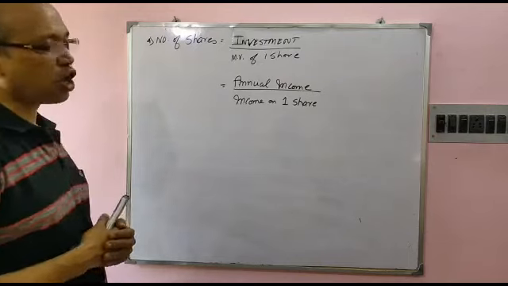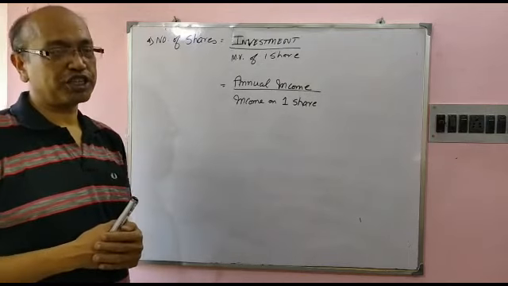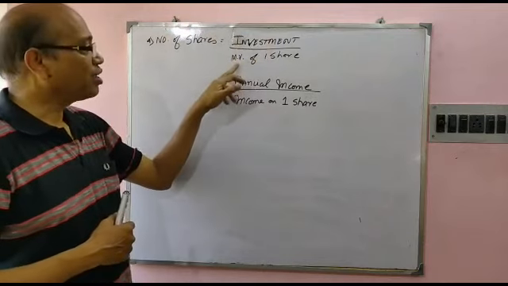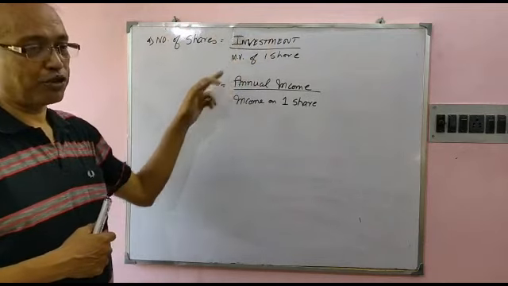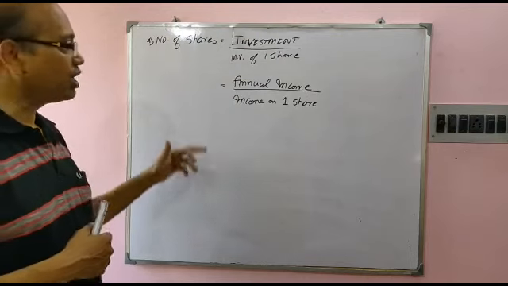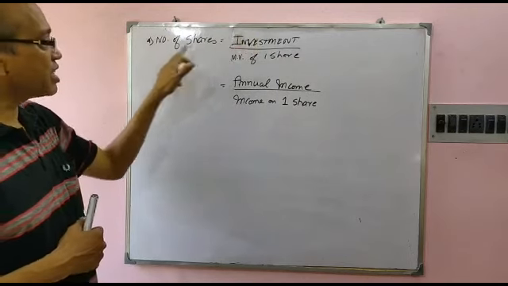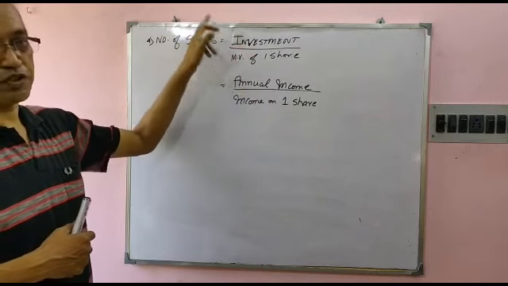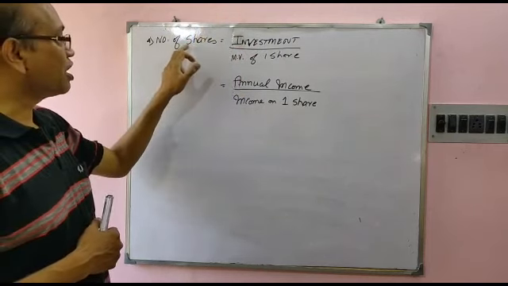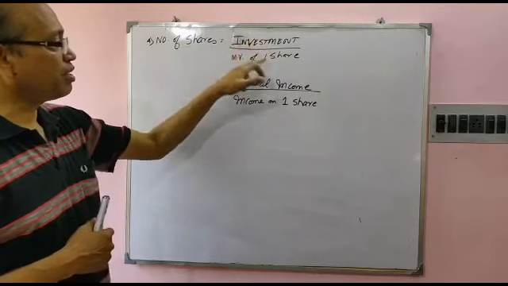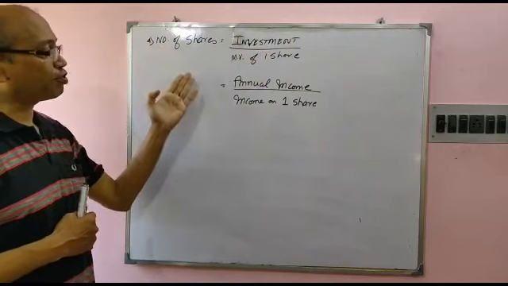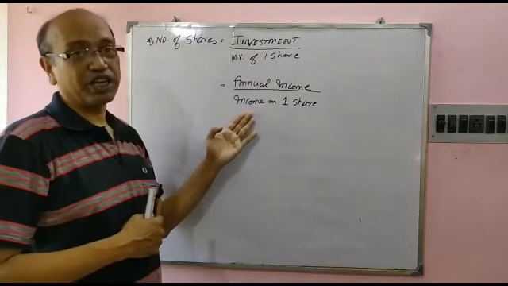Number of shares. How do we find the number of shares? It is the investment by market value of one share. From the formula where we said investment is number of shares into market value of one share, we got this: number of shares is investment by market value of one share. Also we can find the number of shares from annual income.